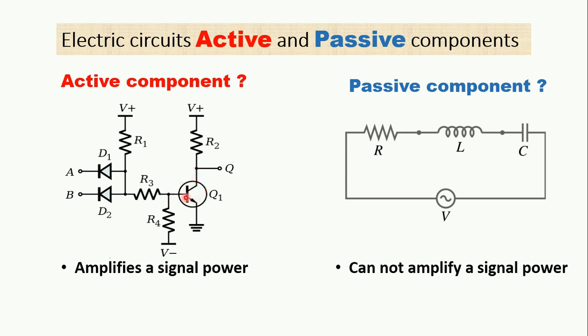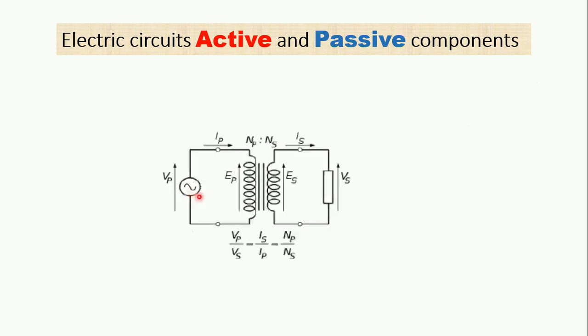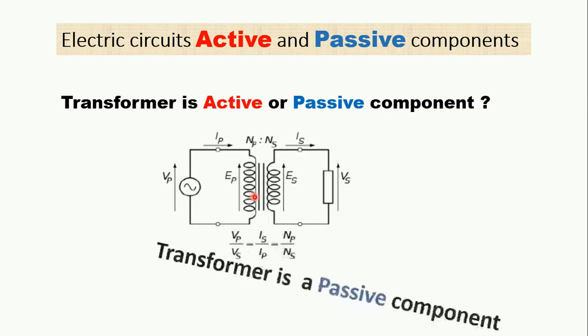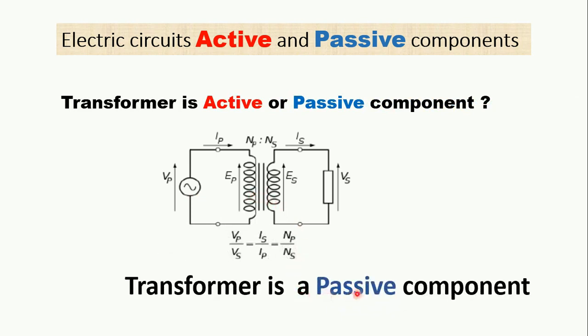That's why we call a transistor an active component, while a transformer is a passive component, since the power is preserved and not increased. So I hope this gives us a little bit of information about active and passive components.